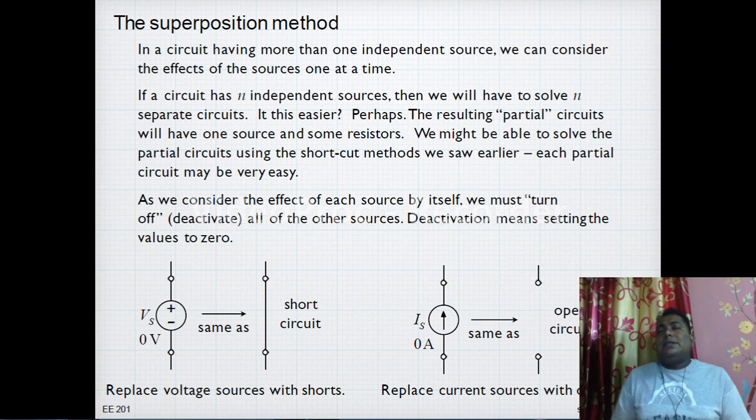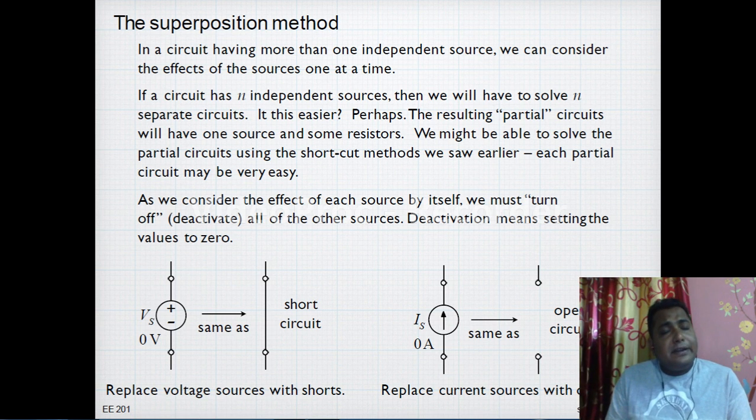For simplicity, we are considering a circuit with an ideal voltage source and an ideal current source. The property of an ideal voltage source is that it has zero internal resistance, and the property of an ideal current source is that it has infinite internal resistance.